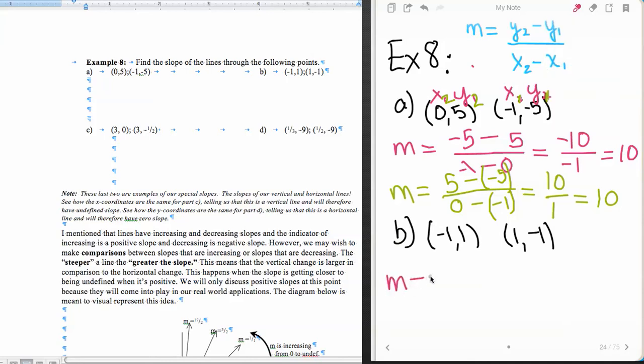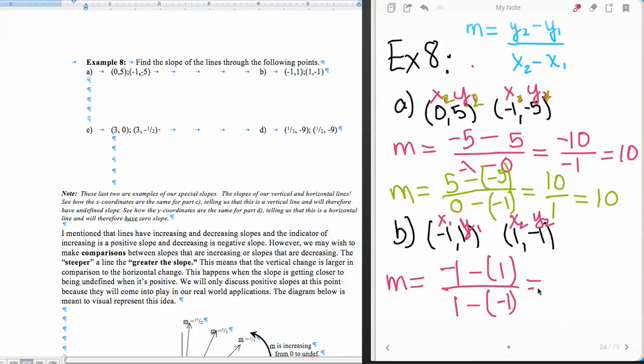All right, so the slope here, m, is equal to, and then I can call this x1 and this one y1, and then this one x2 and this one y2. Then I can say, okay, -1, subtract my y1 here, which is a +1, over my x2, which is 1, subtract my x1, which is a -1.